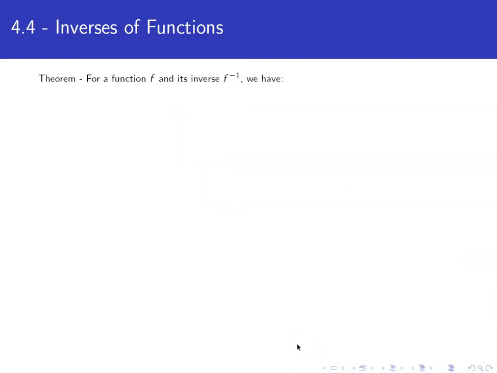All right, so this all leads us to an important statement about functions and inverses. So for a function f and its inverse f inverse, if I compose f with f inverse of x, I have to get back where I started from. So if I take the inverse function and then apply the original function, I get back to where I started.